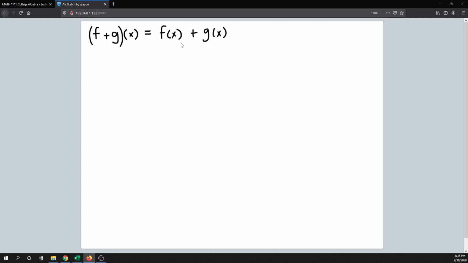So that's how this notation looks. This is the name, f plus g. It's in parentheses because it has a math symbol in there. Over on the right-hand side is basically the formula for assembling or building the more complicated function. Take the function f and then add the function g. Okay? So that's sort of how these things work.